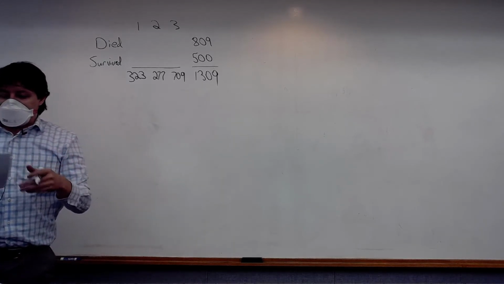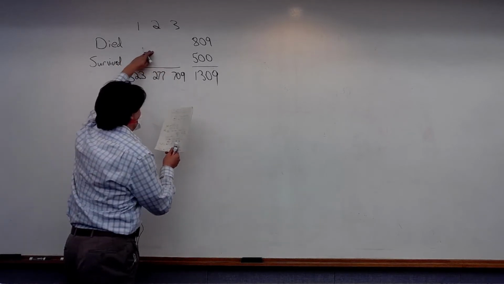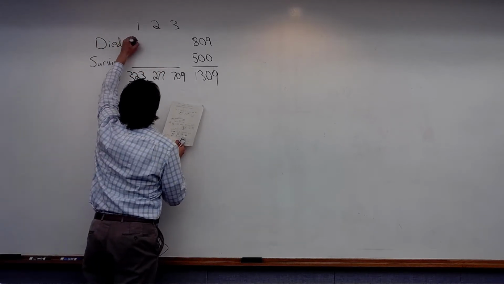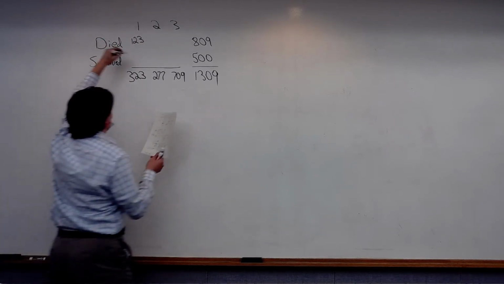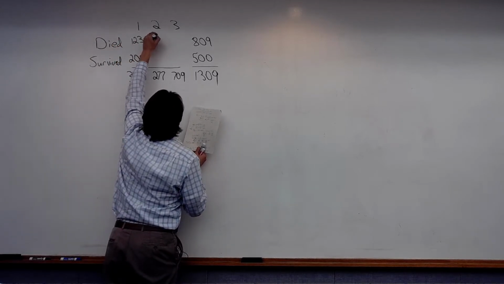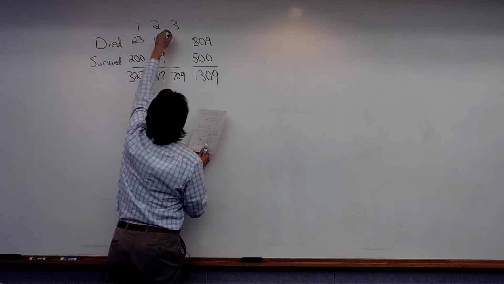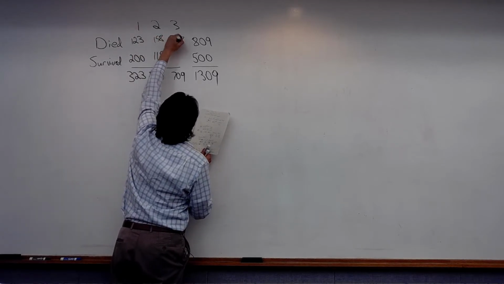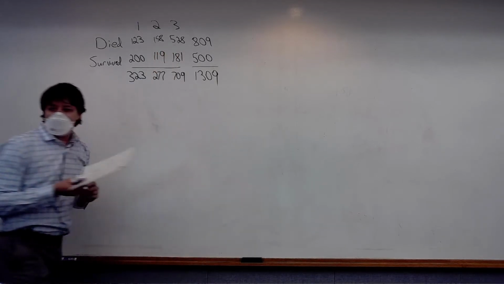And then the big benefit of the contingency table is that we have this middle part here where we can know that there were 123 first class passengers that died, and so on. 200 of them survived. Second class, 158 and 119. And then 528 third class died, while only 181 survived.